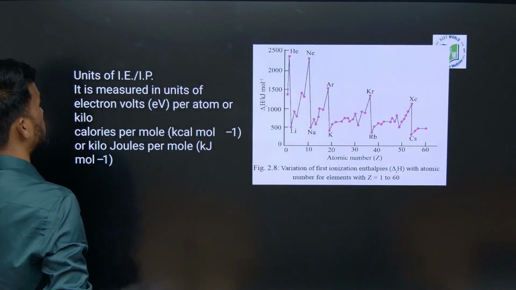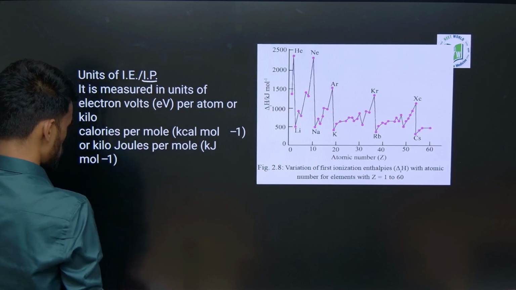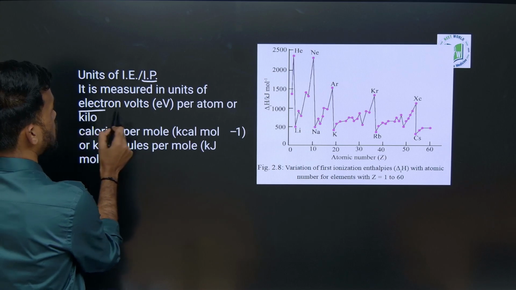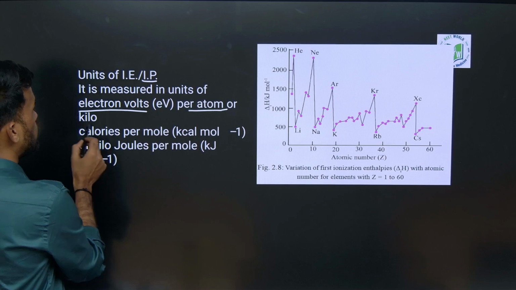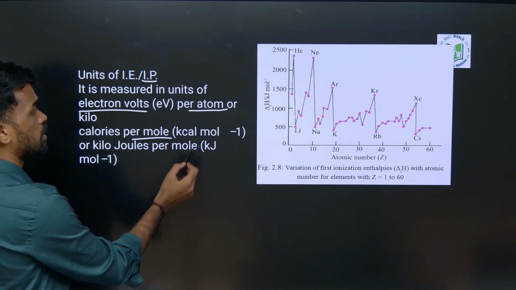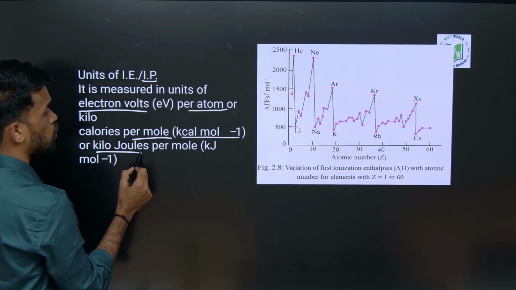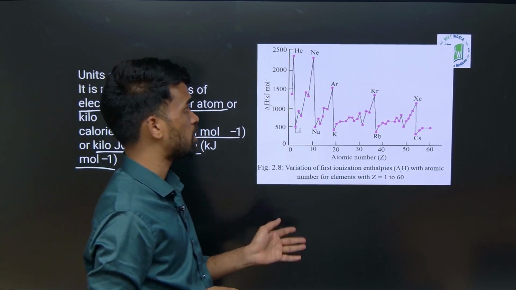So what are the units for ionization energy, or ionization potential? There are units like electron volt per atom, or kilocalorie per mole, and kilojoule per mole. So this can be given in terms of per atom or per mole.